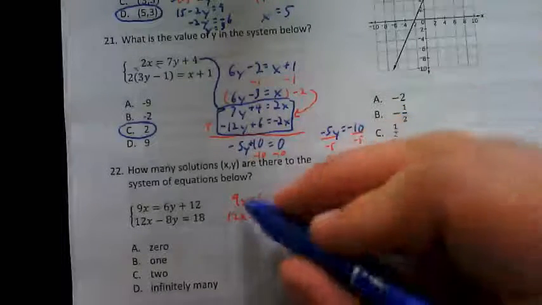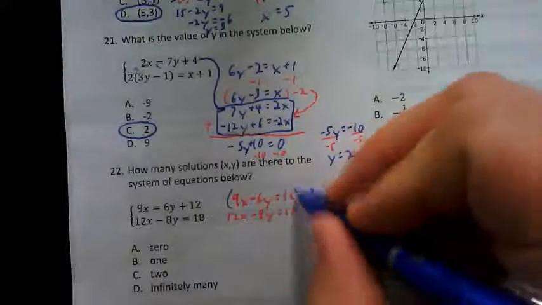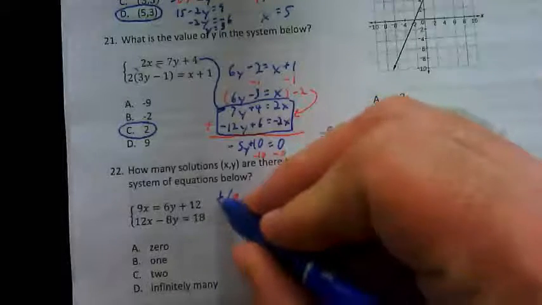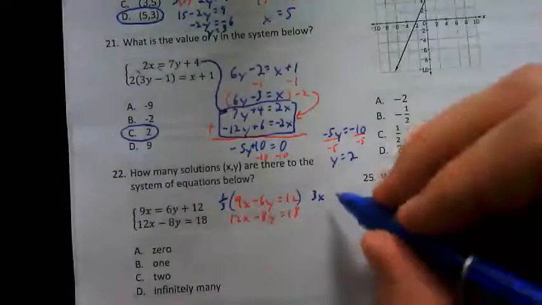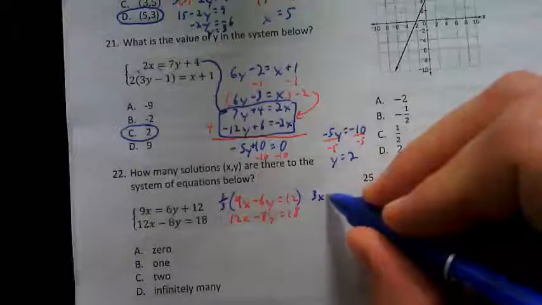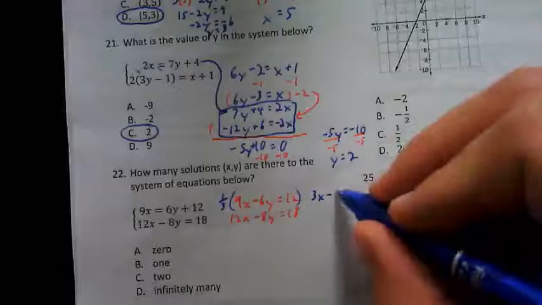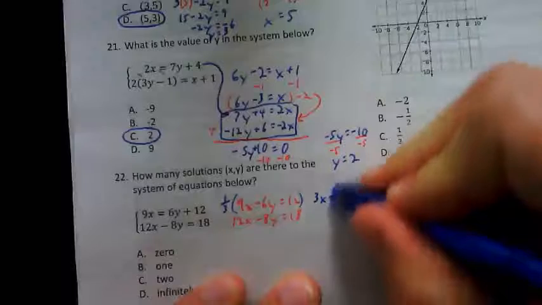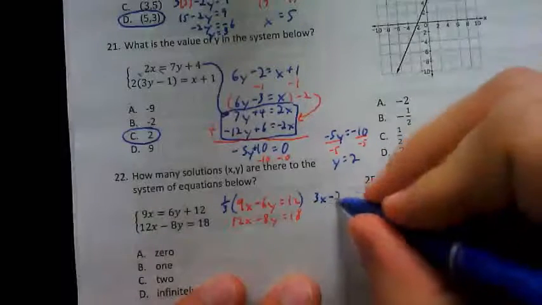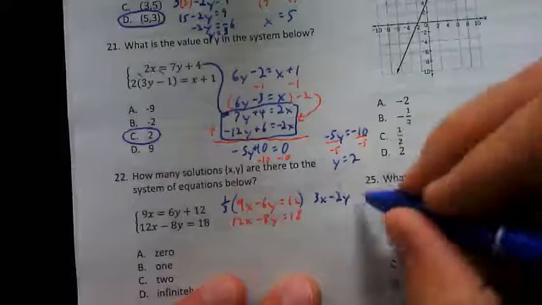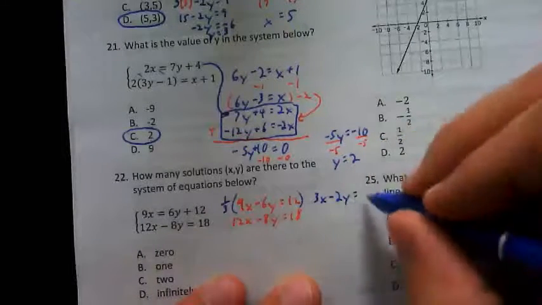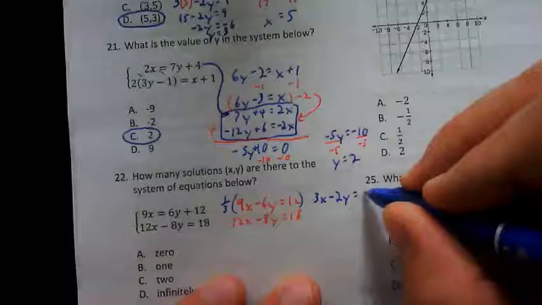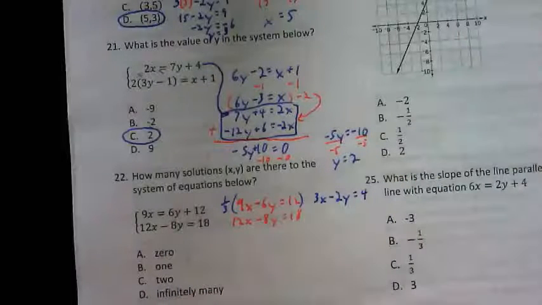So I'd have, again, same idea. Divide by 3 or multiply by a third. Get 3x minus 2y is equal to 4.